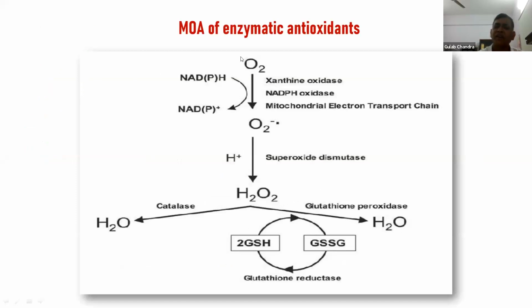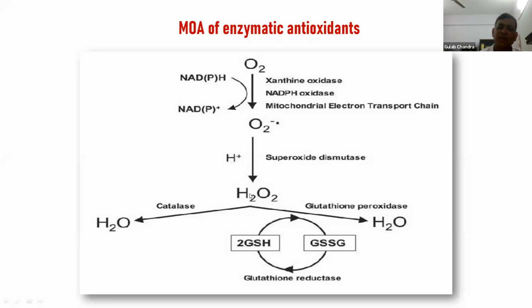This is the summary of how these enzymatic antioxidants act. Oxygen is converted into the superoxide radical, and these superoxide radicals change into hydrogen peroxide in the presence of superoxide dismutase.